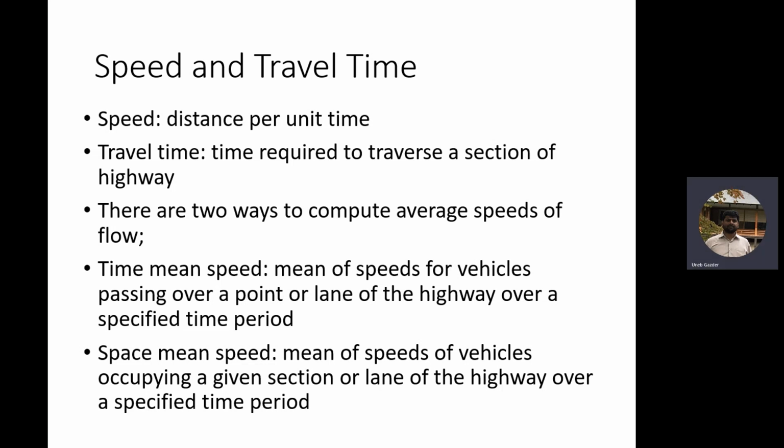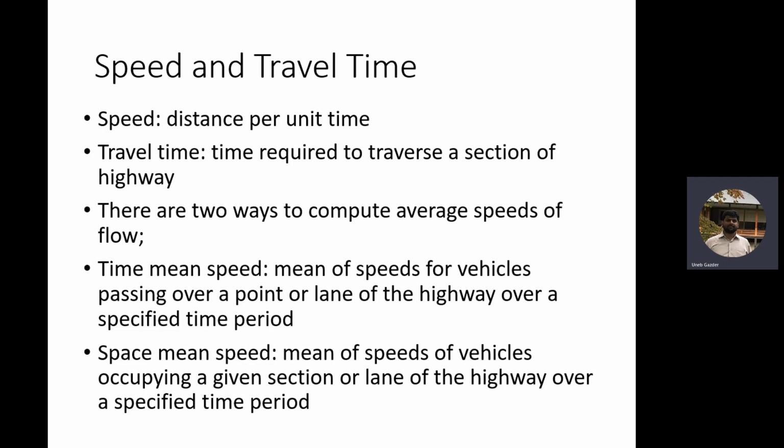So the method of taking the speed is different in both of them. In the first one, you take the speed of the vehicles as they are passing a point. So you need some measuring device which can measure the speed. You cannot do it manually, right? Science has not progressed that much that you can just see a vehicle and tell me this is its speed. So we need some radar or sensor to measure the speed of the vehicle passing over a point.